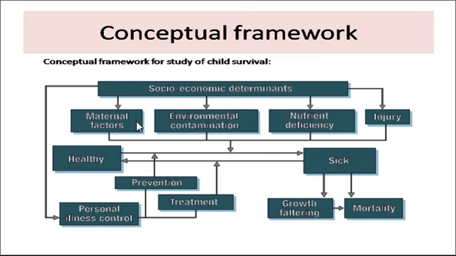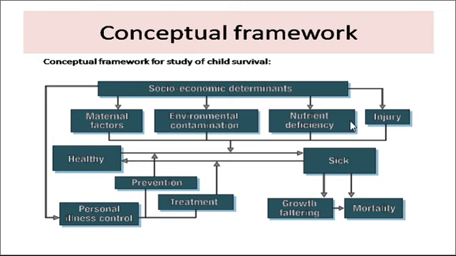Maternal health is going to influence the child's health. Then environmental contamination, that means the environment within which the child is there. If there is any contamination, obviously that is going to influence child survival.